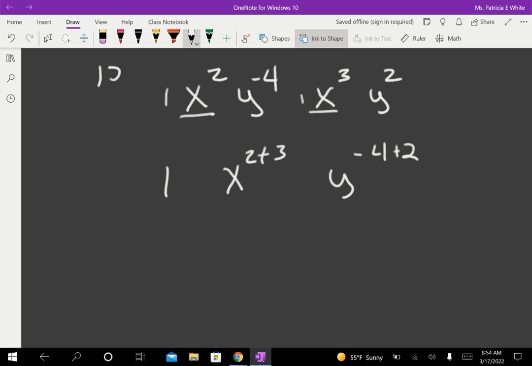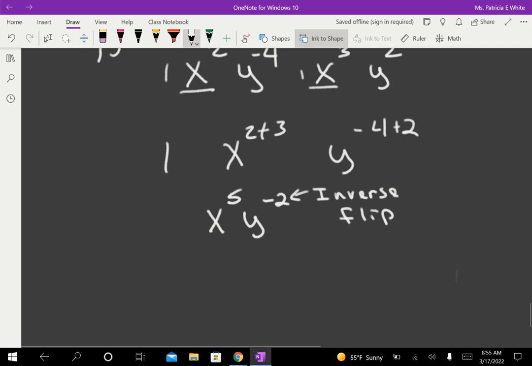All right, this one's going to be a little bit different. I have x to the 5th, y to the negative 2. And what did we say we had to do yesterday when we had a negative exponent? Remember, that's a positive value. It says inverse, which means we have to flip it over.